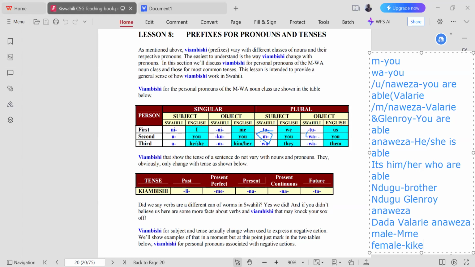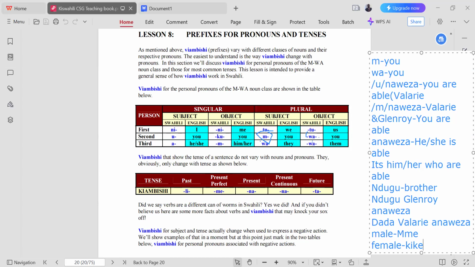Now, a lady will be msichana, while a man will be mwanaume. That is different from a brother and a sister. So hope now you understand why when the words are translated into English, English brings in he or she, or him or her, because Swahili does not separate those words.